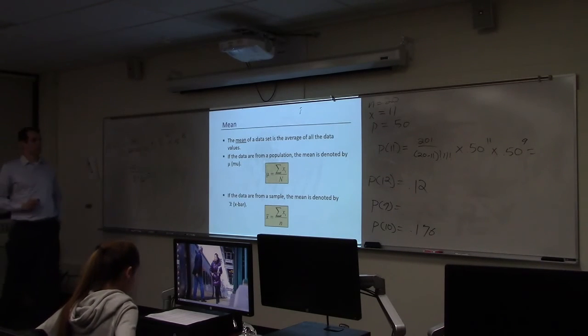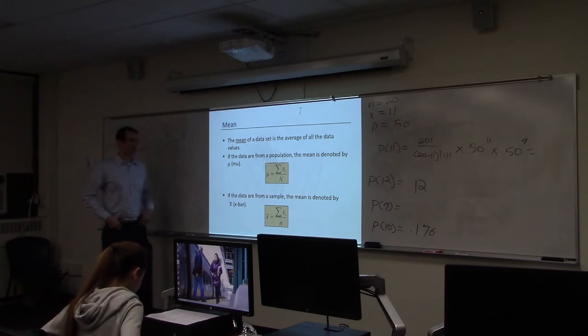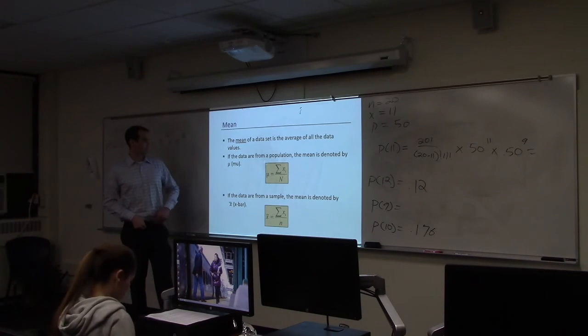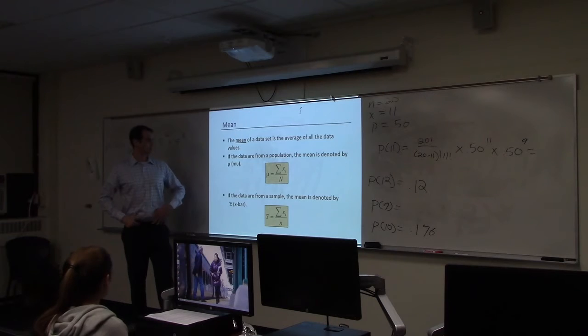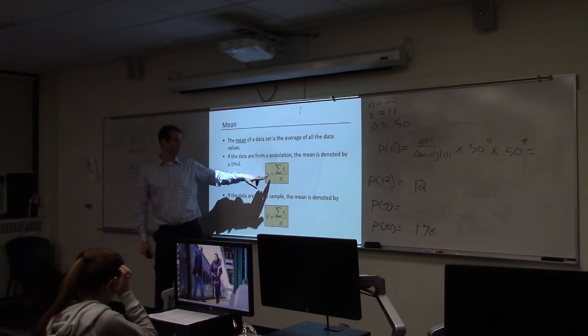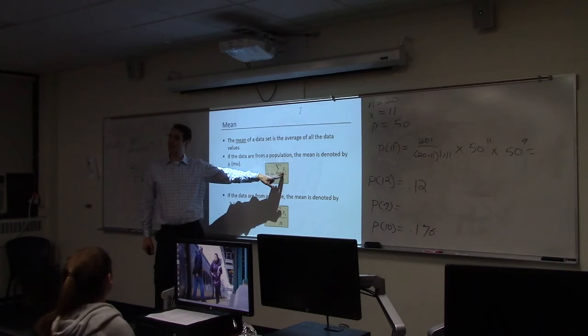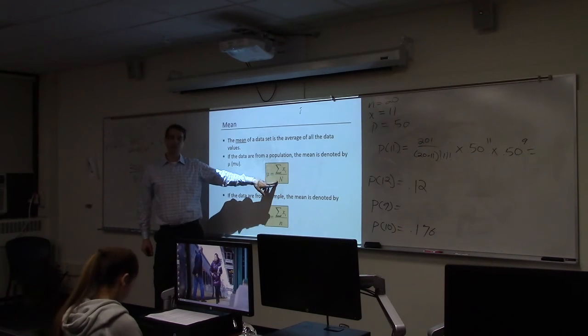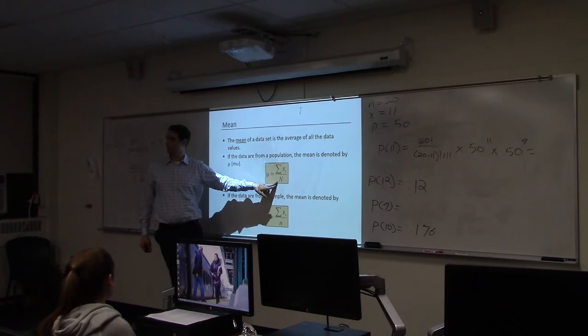Okay, let me just show you some of the notation when we're calculating the mean. If the data are from a population, the mean is denoted by this funny looking u. We call it mu. Mu is equal to all the points of data added up divided by the total number of points of data.